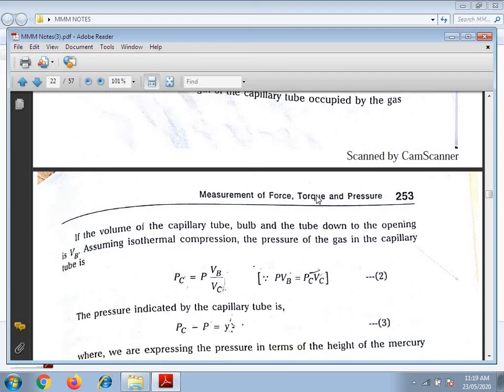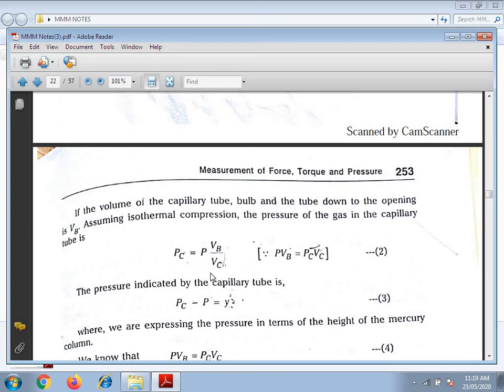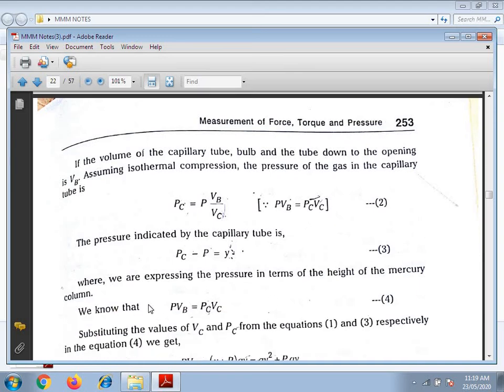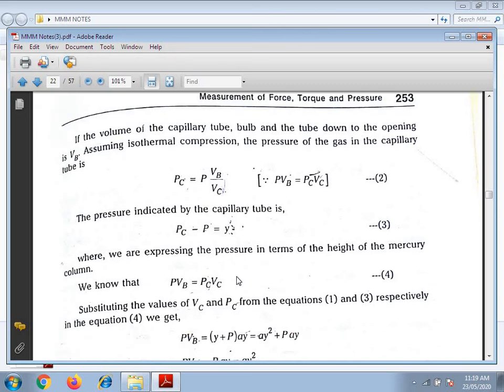Then one can just see PC is equal to PVB by VC, because PVB is PCVC. Then PC minus P from this equation, PC minus P is AY. We know that PVB is equal to PCVC.